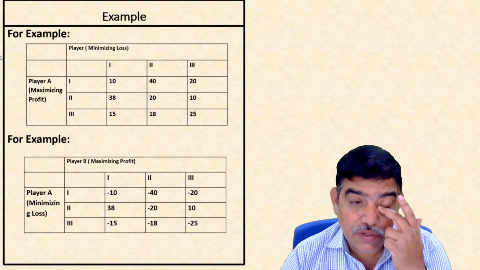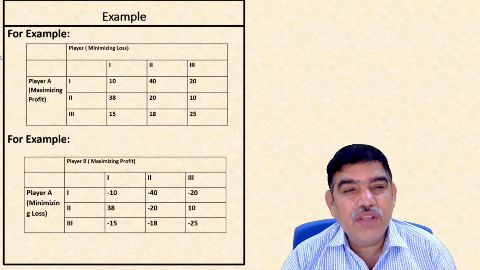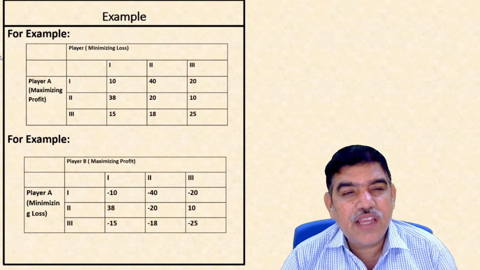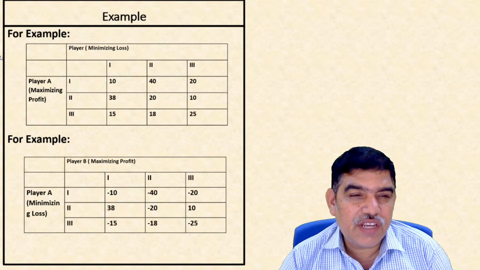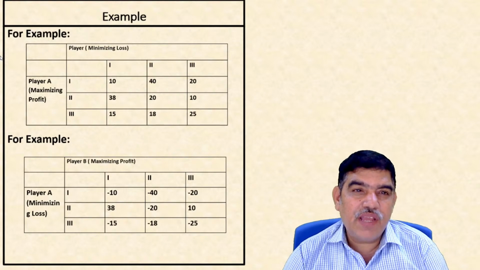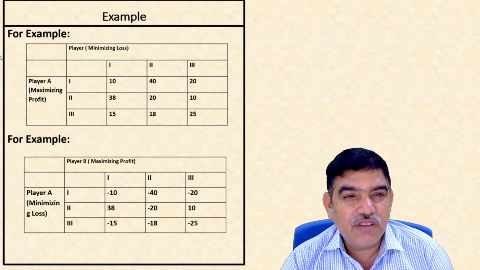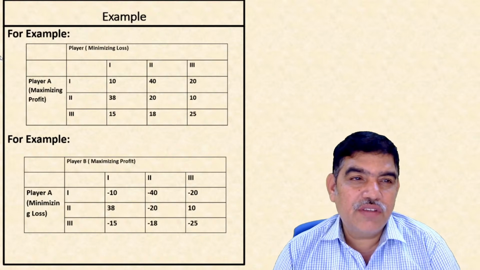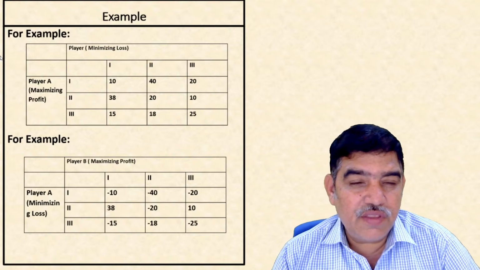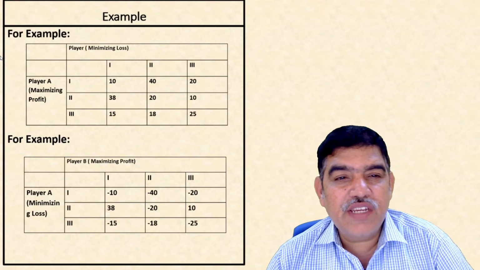All the values are positive. So in game theory, we always think player A is trying to maximize the profit. At the same time, player B applies a different strategy to minimize the loss. That is the meaning of a zero-sum game. So suppose 18.